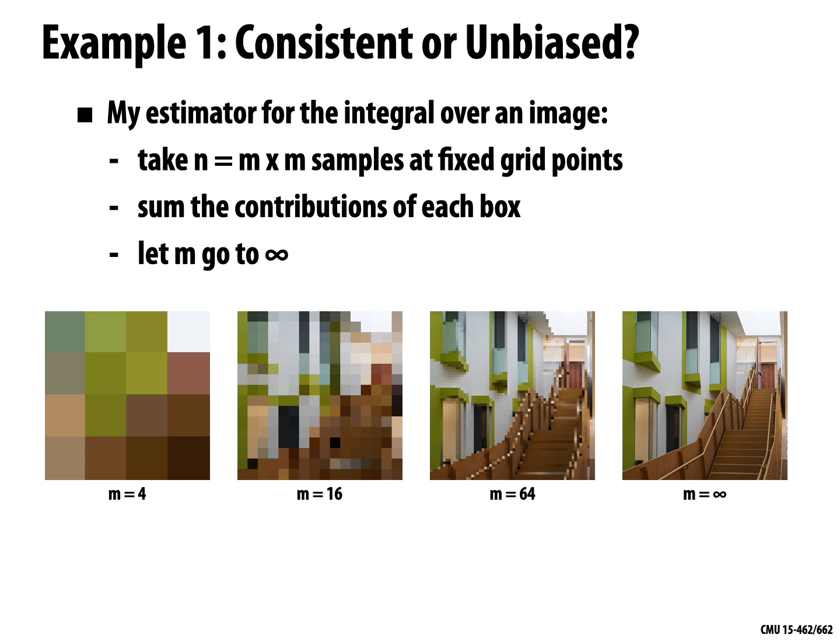So you imagine I have an estimate when m equals 4. I'm going to approximate the integral of the whole image by just these 16 blocks, add up their total brightness. For m equals 16, I'm going to have these 256 blocks and so forth. So my question for you is, is this estimator consistent and is it unbiased?